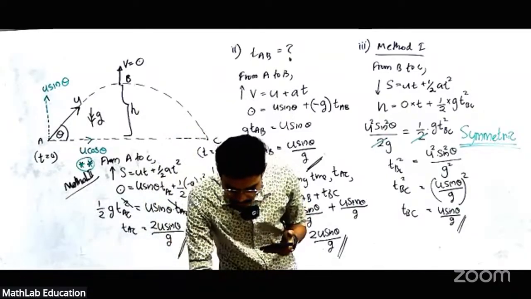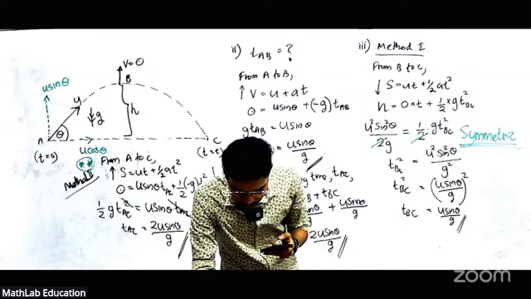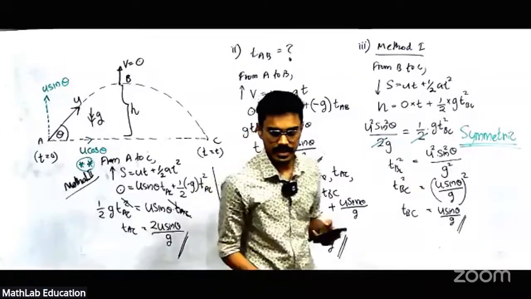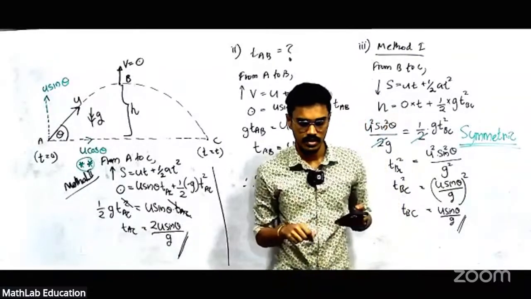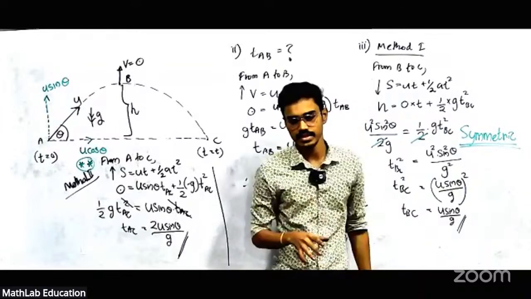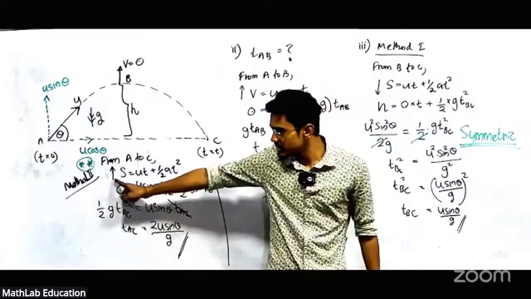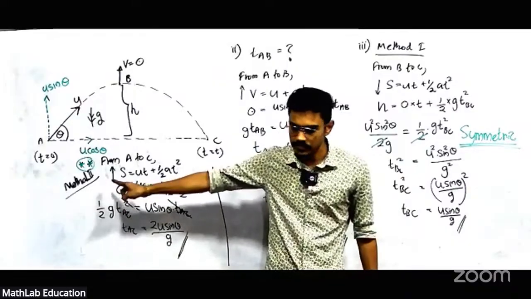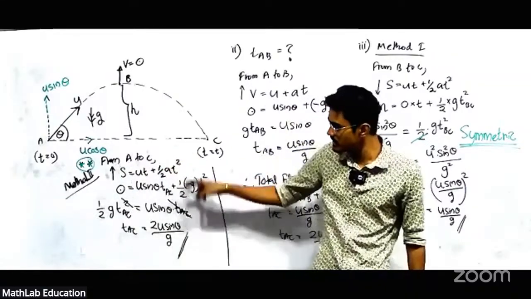But in the second one, there's the part in which G is positive, right? No. Positivity and negativity of G changes with my considered direction. Positivity of G is with the considered direction. Now, for method 2, the considered direction is upwards. I'm considering the upward direction all the way from A to C. Then throughout, G is minus.